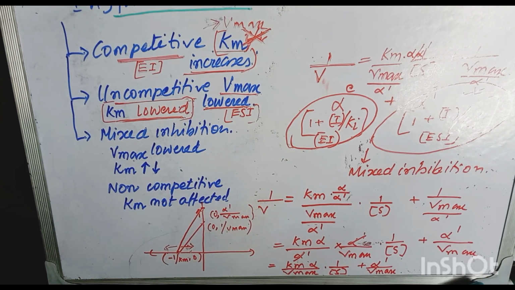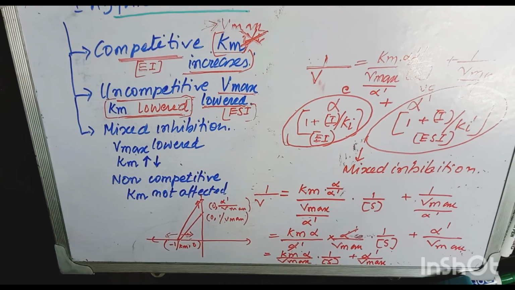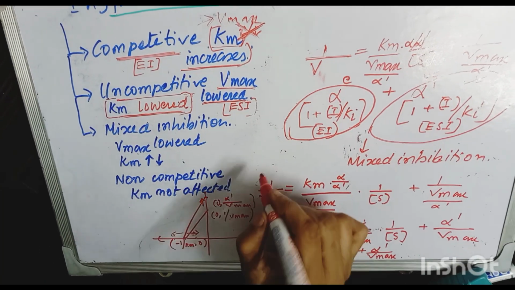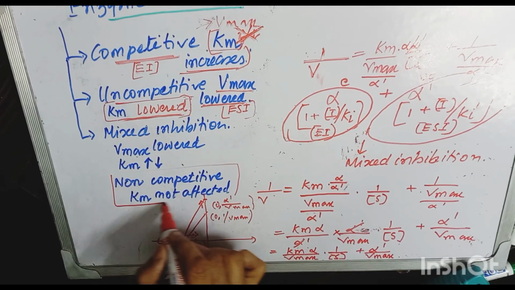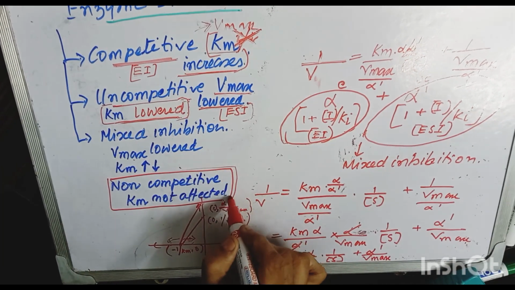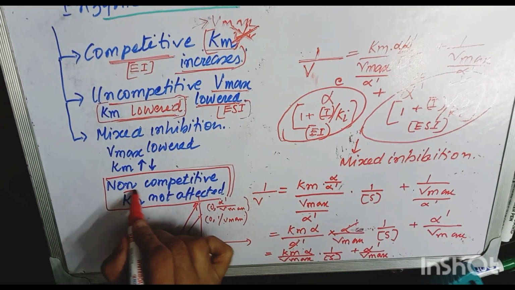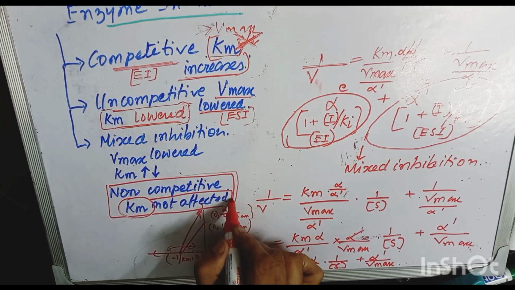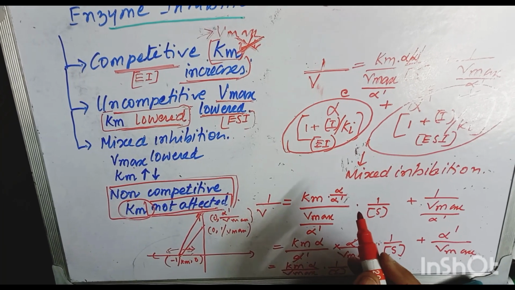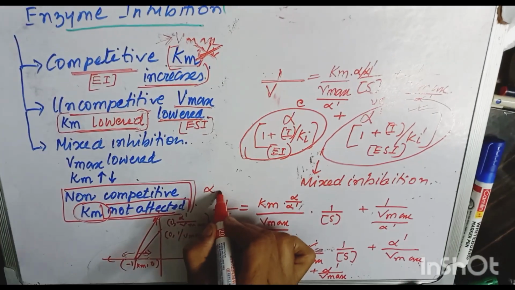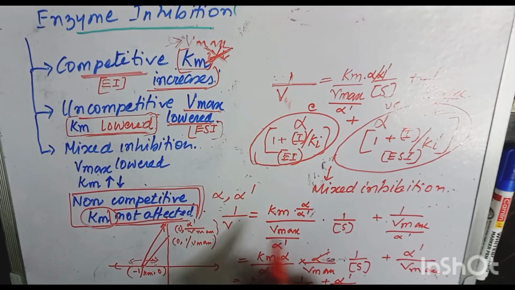Non-competitive inhibition is a particular case of mixed inhibition where alpha and alpha dashed values are equal. Here the Km value remains unaffected; it neither goes above by alpha nor goes lower by alpha dashed.